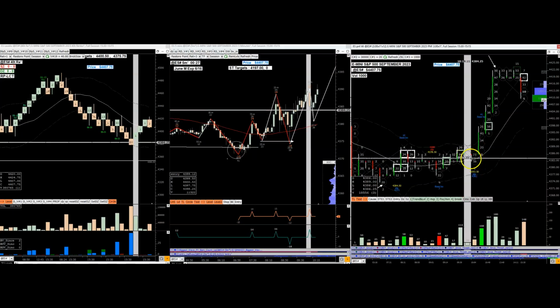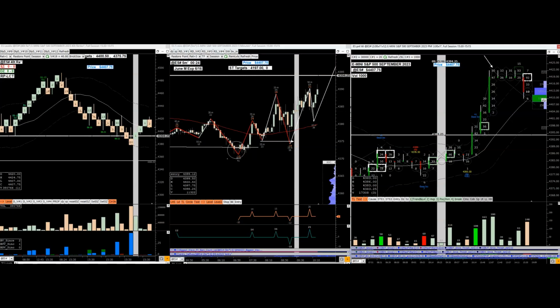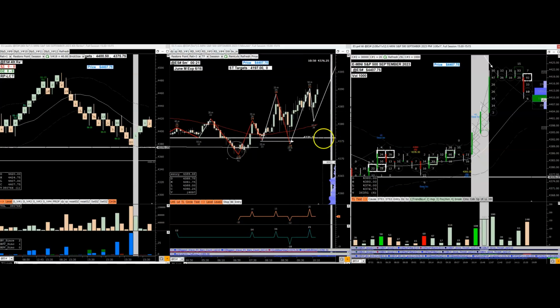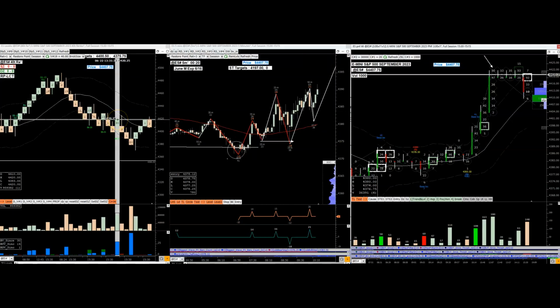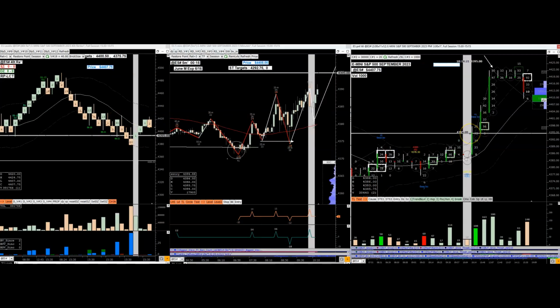Now, when it's going into markup, if it marks up, it goes to a level, and what do you expect? As it's going to the level, remember, supply always comes on the top, demand comes on the bottom of the columns. It's that straightforward.